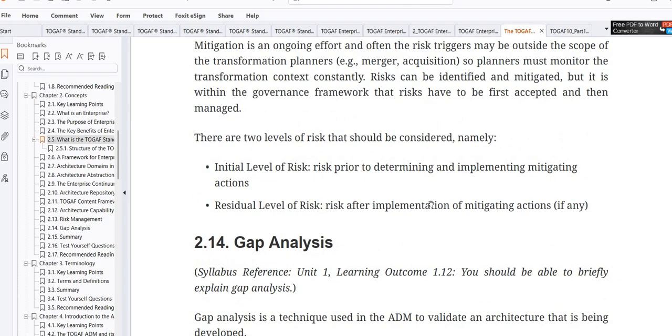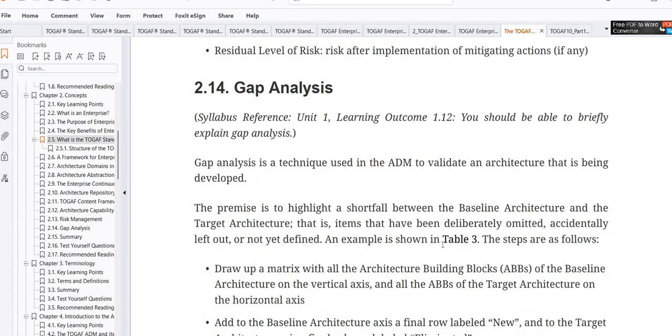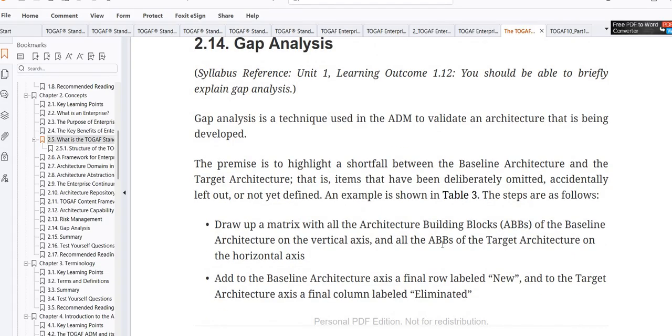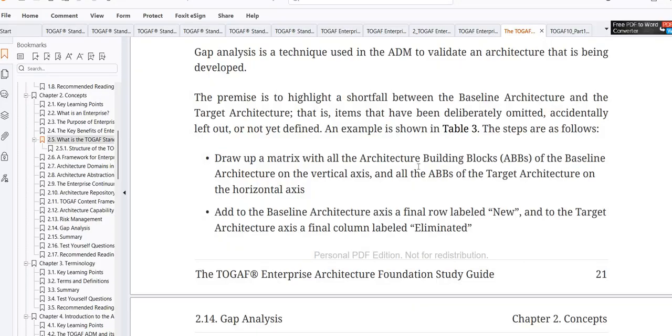Another important topic is gap analysis. The gap analysis techniques are in the ADM phases, like business gap analysis. There are two things which are very important when doing the gap analysis: architecture building blocks as business capability, where you are drawing the baseline to target. It talks about how your baseline architecture moves to the target architecture, from your current state to future state.